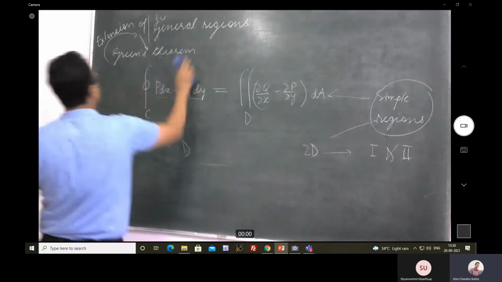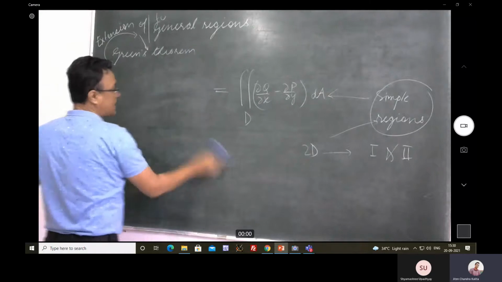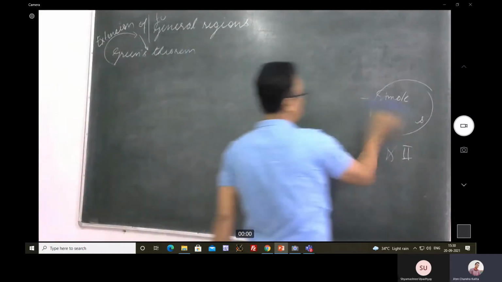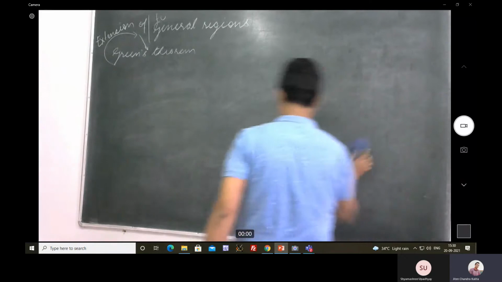That means the region doesn't necessarily have to be a simple region, but if we are able to convert it into a union of some simple regions, we are fine with that. I'll just show you the tricks for how we are going to accomplish that.